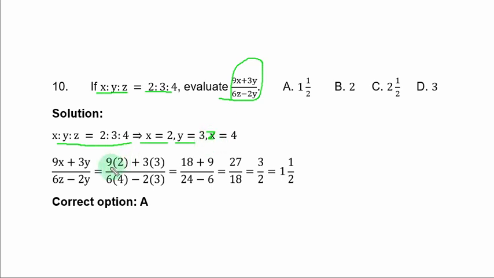So you have 9 times 2 plus 3 times 3 over 6 times 4 minus 2 times 3. That is 18 plus 9 over 24 minus 6, and you have 27 over 18. Divide through by 9, you have 3 over 2, which simplifies to one whole number 1 over 2. A is the correct option.